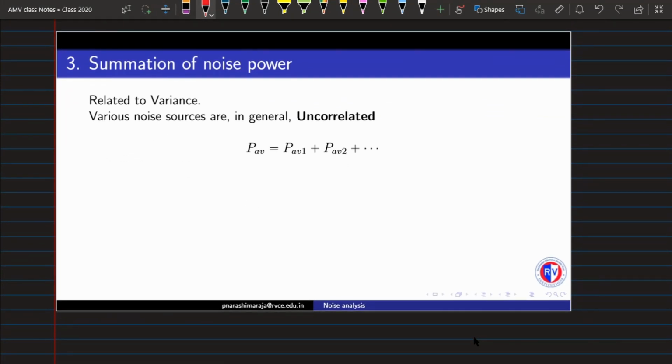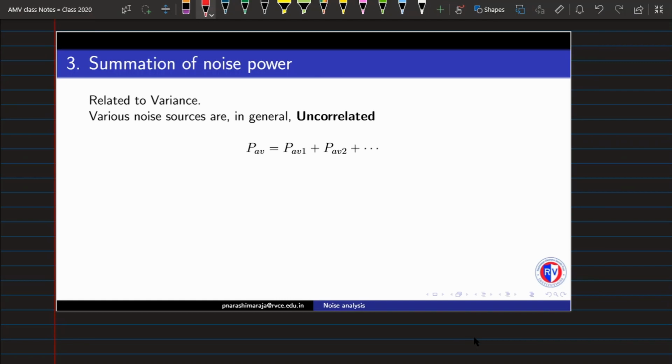And the third important property, which belongs to the variance, is the summation of noise power. Consider a circuit that has many different noise sources, and these noise sources are independent of each other.